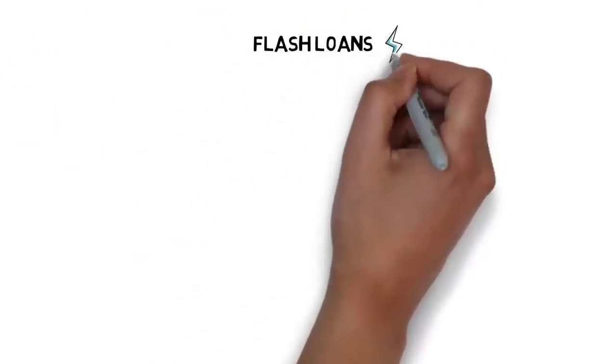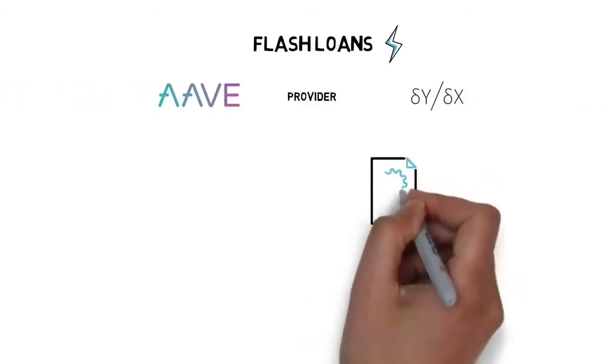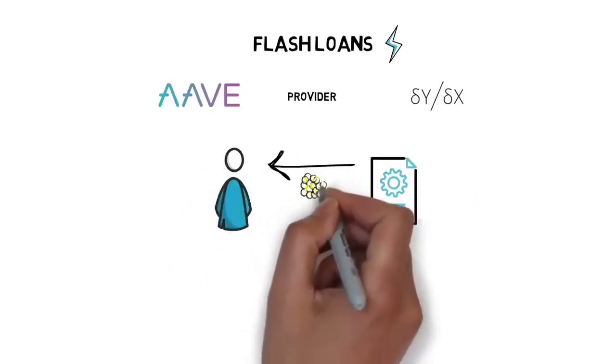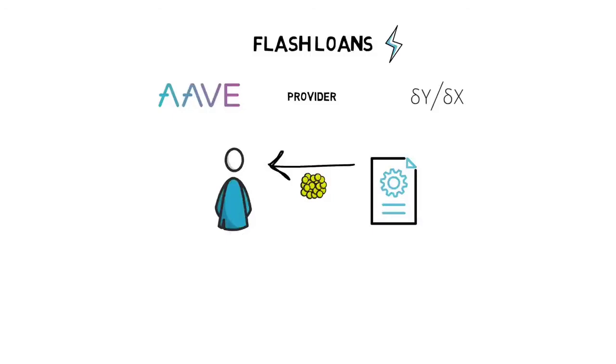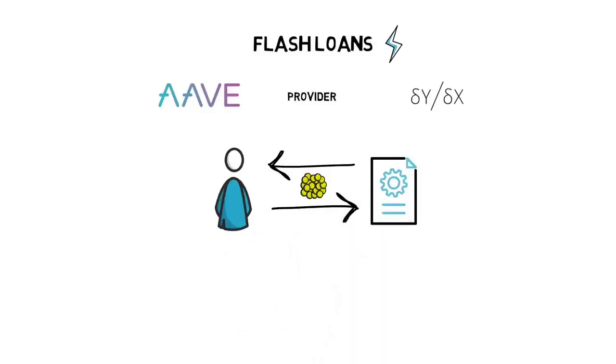First of all, the most important part of executing a flash loan is to find a flash loan provider. Projects such as Aave or DYDX developed smart contracts that allow DeFi users to borrow different coins from a designated pool under the condition that they are repaid within the same Ethereum transaction.